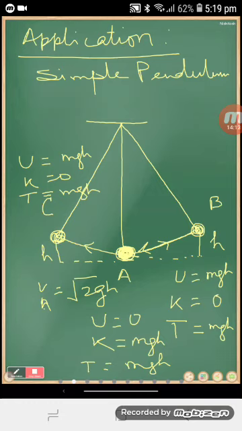For theoretical purposes, we consider that it is negligible. So in a numerical or a question, we will do all the calculations considering that it obeys the law of conservation of energy and there is no loss of energy. So I hope this is clear to all of you.